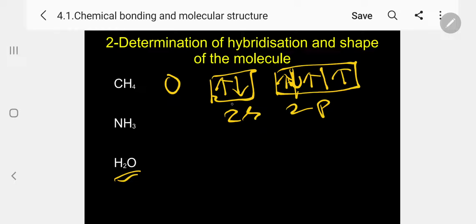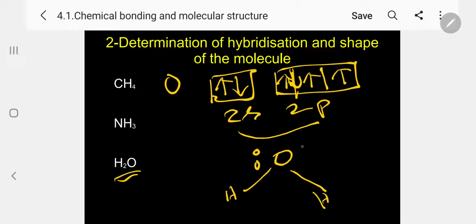It is not getting excited, so it undergoes hybridization as usual: 4 sp3. But because there are two lone pairs, the shape of the water molecule becomes V shape or bent shape. The bond angle is 104.5, still lowering. So this is the method you have to use to determine bond pairs, lone pairs and shape.